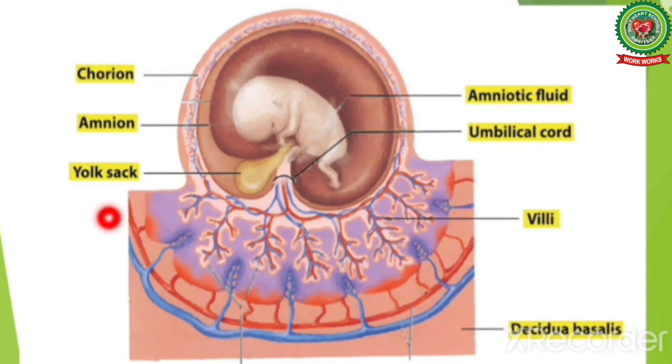In this image, we can see the four extraembryonic membranes: amnion, chorion, yolk sac, and allantois. Amnion protects the embryo in a sac filled with amniotic fluid.